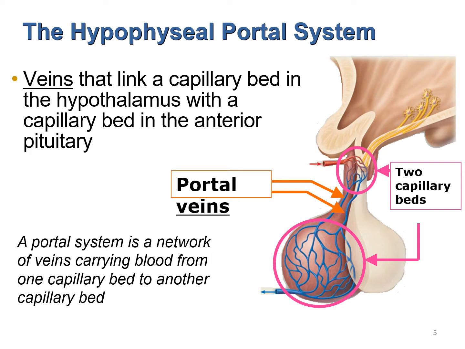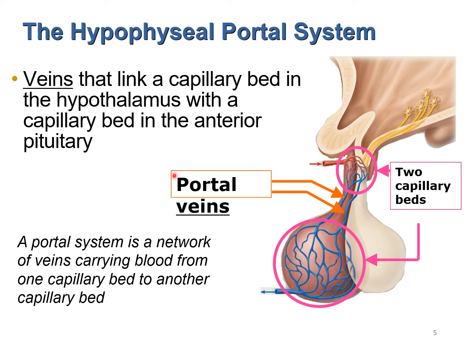You have arteries that carry blood away from the heart toward blood capillaries. You have blood capillaries that then allow the exchange of substances in the blood of those capillaries and the surrounding tissues. You then have veins that carry blood from the capillaries back to the heart.